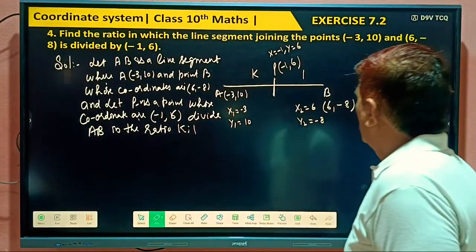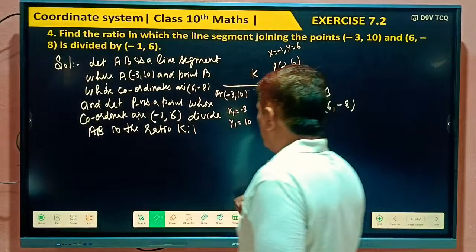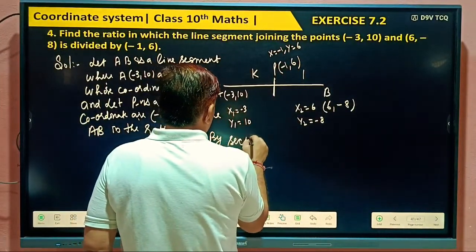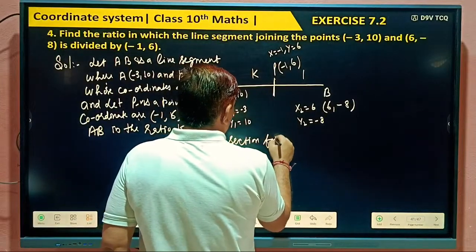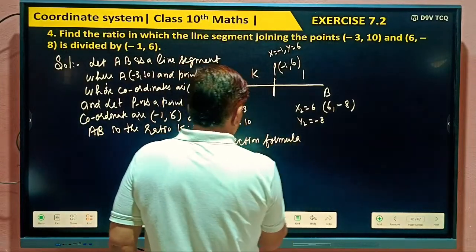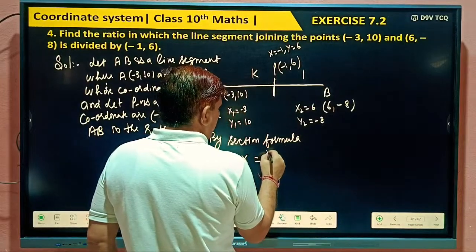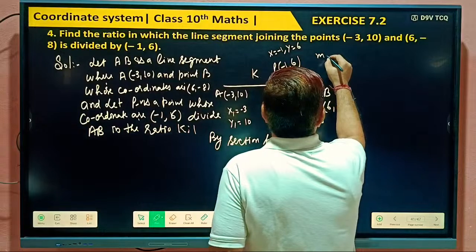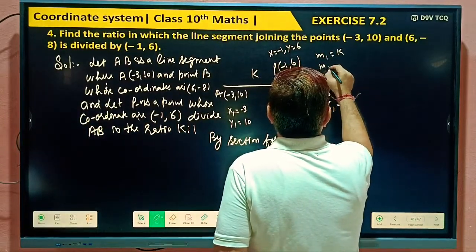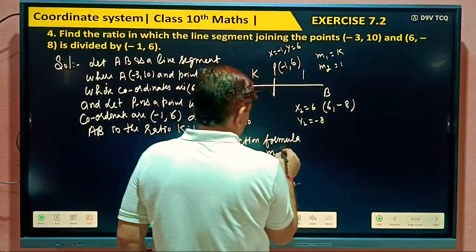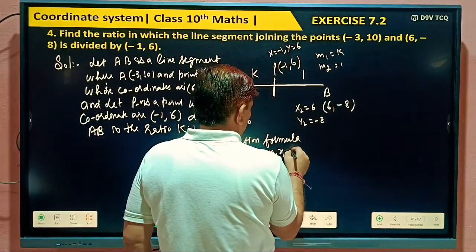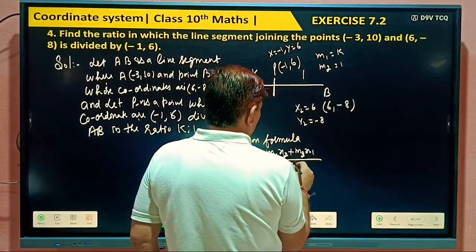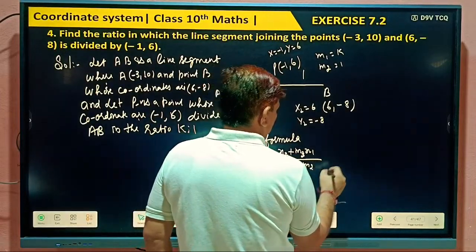So here, by section formula, x equal to (m1 x2 plus m2 x1) by (m1 plus m2).